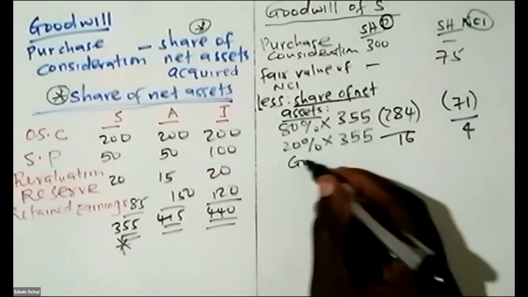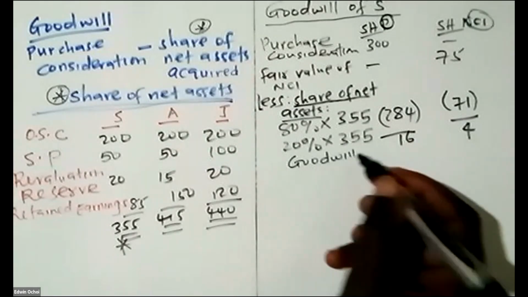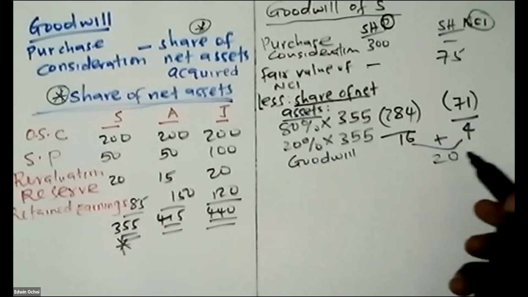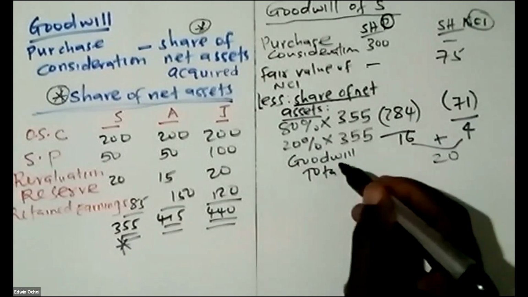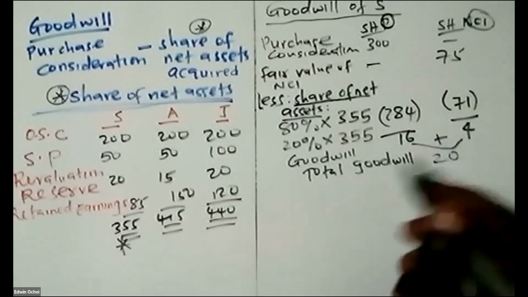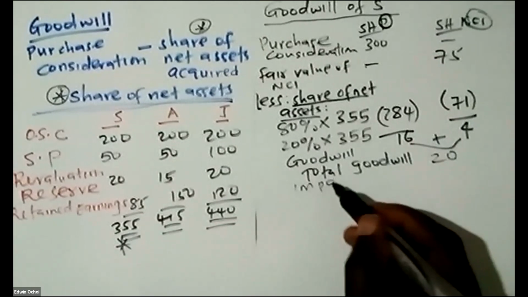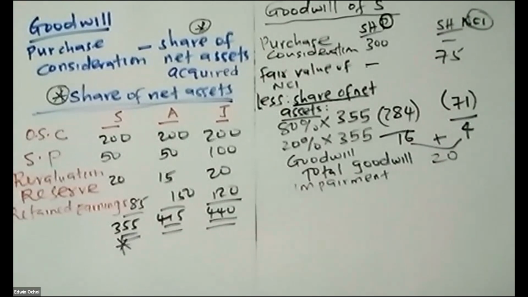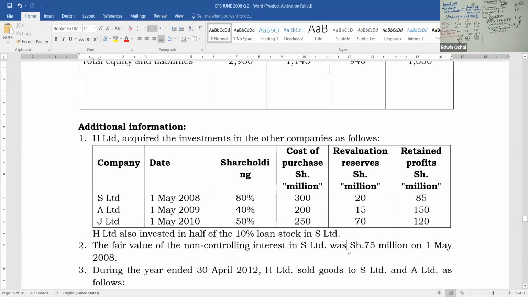So goodwill. The total goodwill here, you add the two, is 20. Then you do the impairment. It was impaired by 25%. That is what they say: any goodwill arising from the investee company was impaired by 25%.